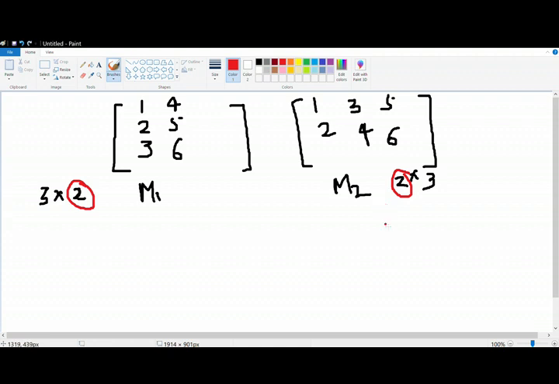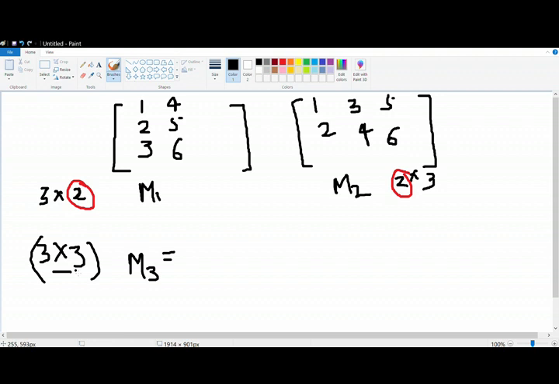So how can we multiply two matrices? Let me show you. The order of the new matrix, M3, will be 3 by 3.